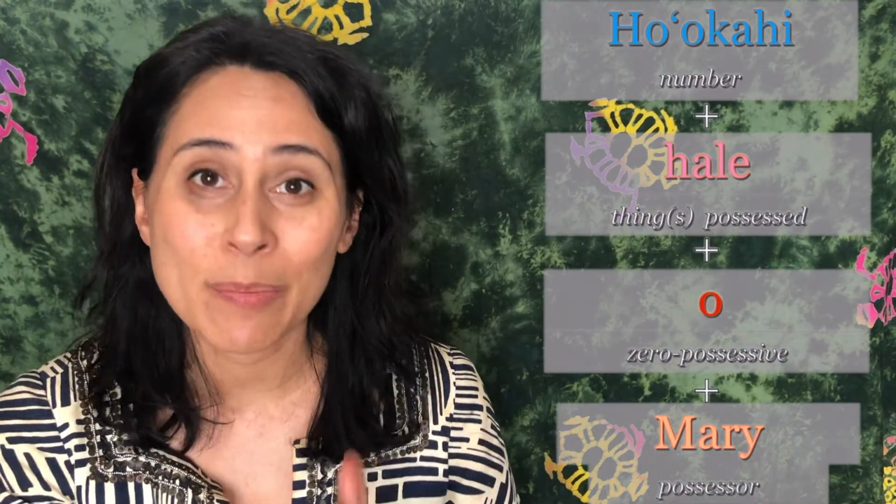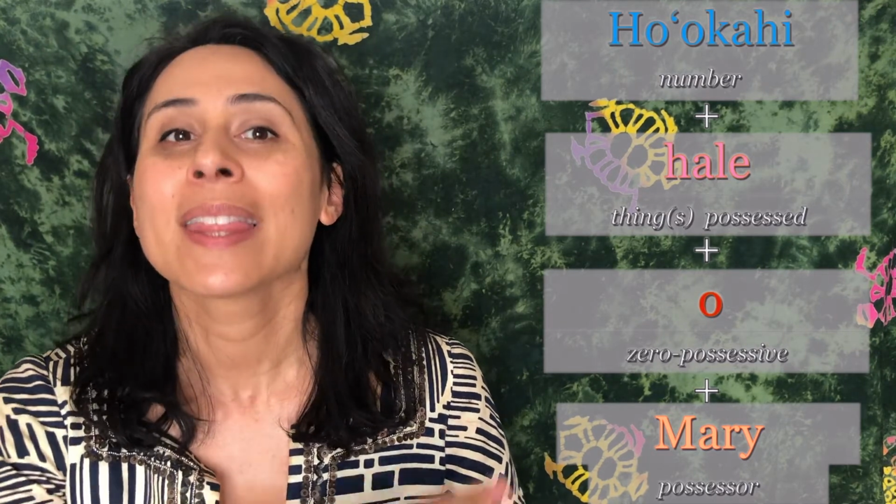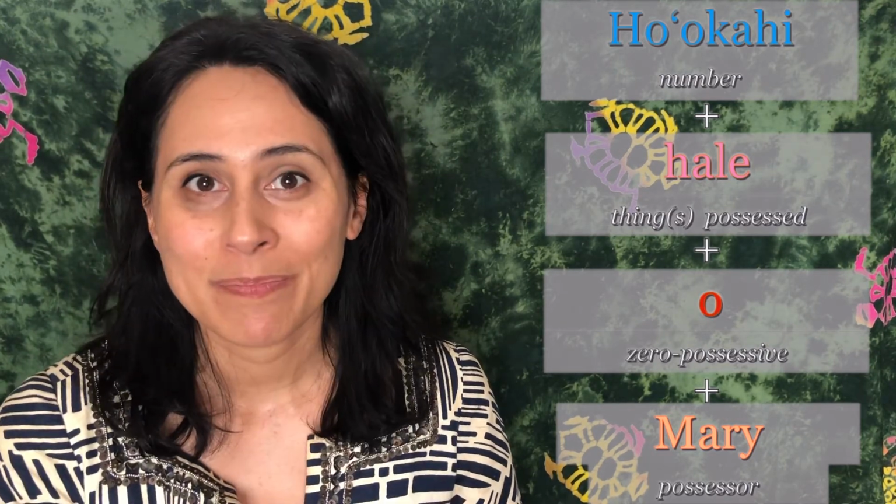But what about Mary has 1 house? Ho'okahi hale o Mary. Again, if the possessor is a proper noun, like the name of someone, or a common noun, that possessor goes at the end. It's only when the possessor is a pronoun does that come at the beginning, right after the number. Does that all make sense? Okay, let's practice some more with some other things that we might own or possess.